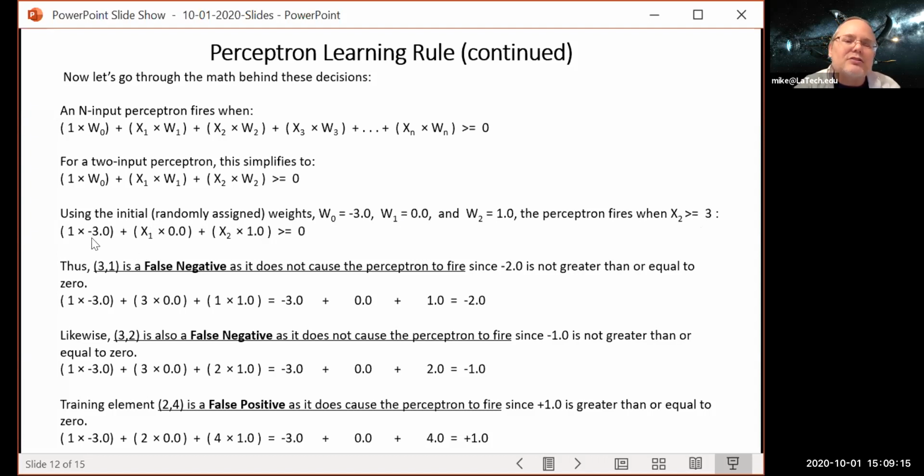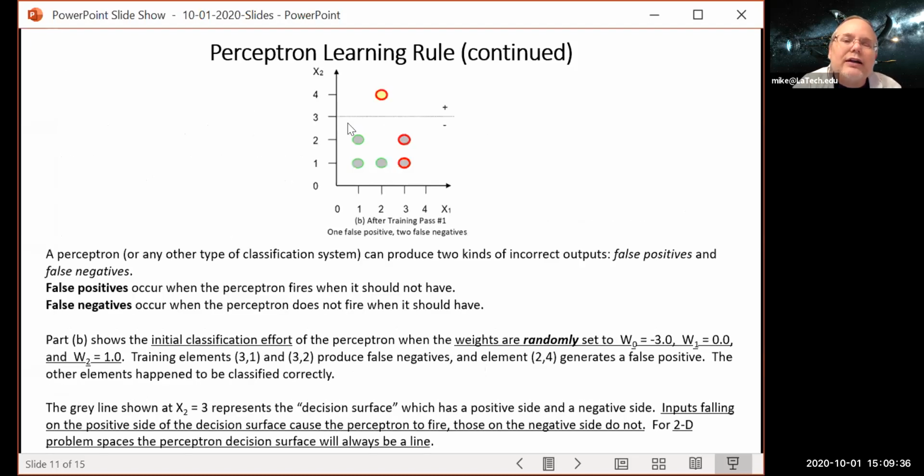So it's basically -3 plus x2. Is that greater than or equal to 0? Well, when is it going to be equal to 0? When x2 is 3. Because you'll have 1 times -3, nothing, and 3 times 1. So -3 plus 3 equals 0. And again, that is why this decision surface line is sitting at x2 equals 3.